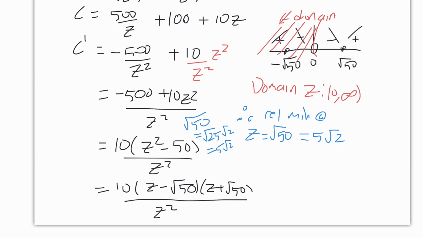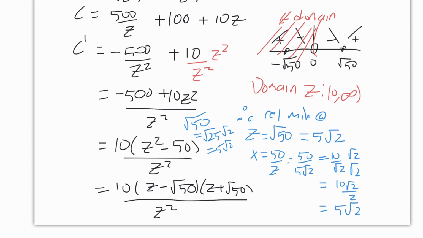They want the dimensions, so we should find the other dimension, which would be our x. x is equal to 50 over z. So we get 50 over 5 root 2. So 10 over root 2, which we could then rationalize. So root 2, root 2. So we'll get 10 root 2 over 2, which is also 5 root 2.